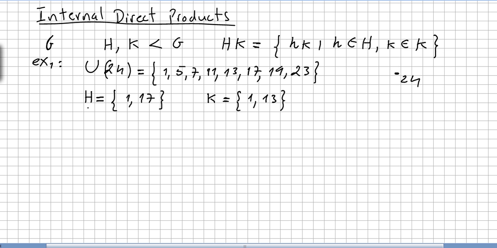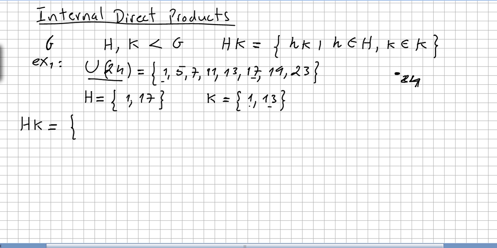And now we take H. H is the set of the elements 1 and 17, and K the set with the elements 1 and 13. It's always in U24, so the multiplication will always be modulo 24. So what is HK?